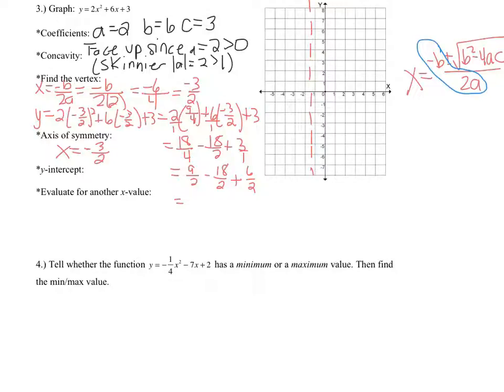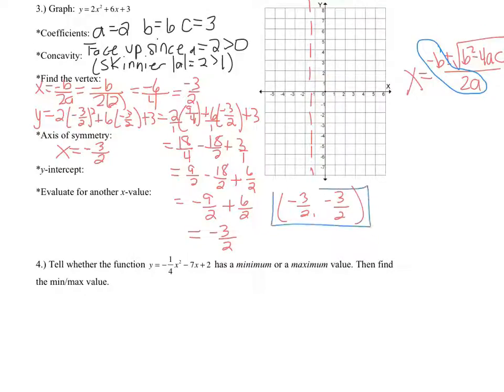So 9/2 minus 18/2 would be -9/2, because 9 minus 18 is -9. And then -9/2 plus 6/2 is -3/2. And I do strongly encourage you to begin working in terms of fractions rather than decimals. You will find it's much more efficient, and you keep the exact value.